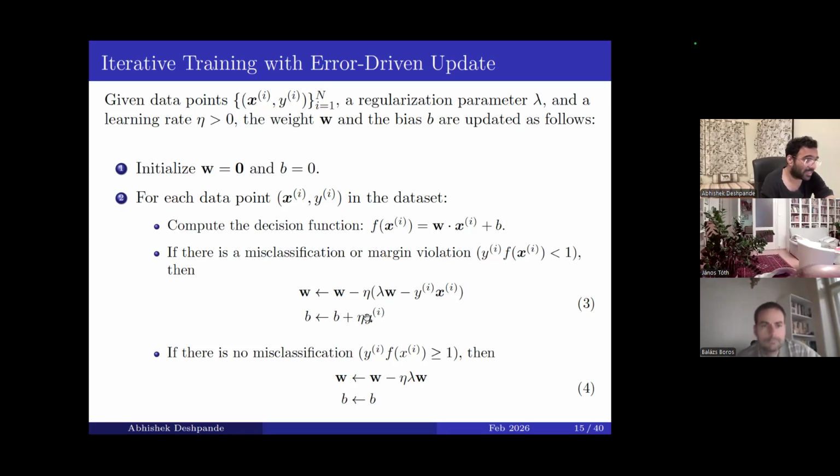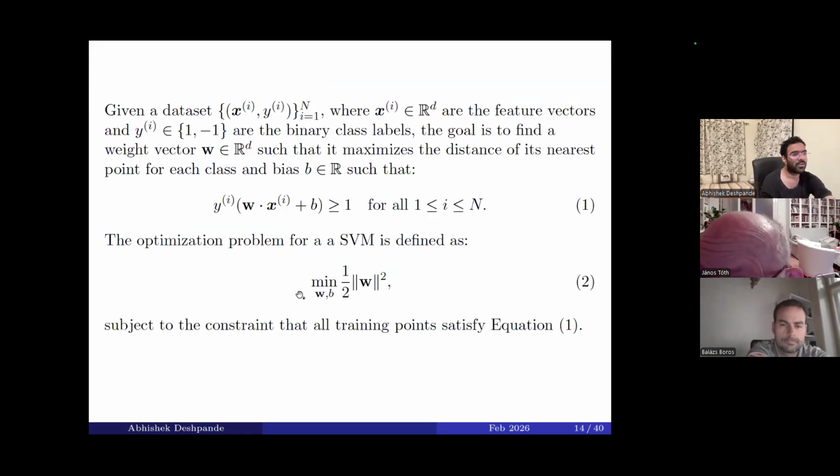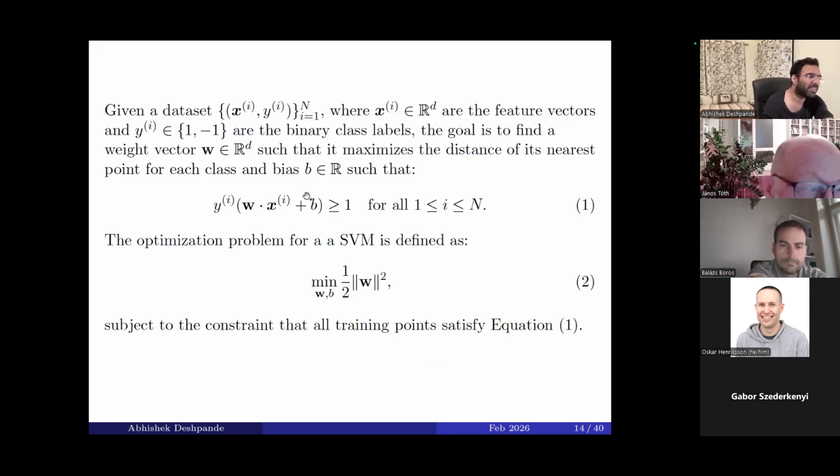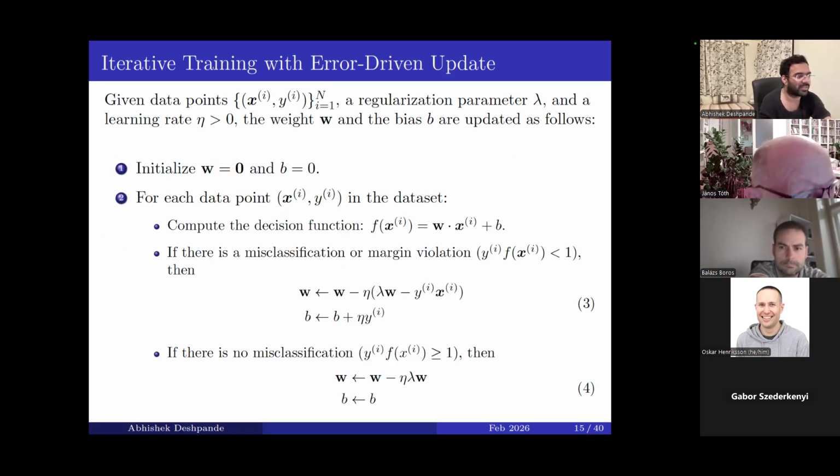So if there is misclassification, you update W and B in the following way. And you can derive these equations by using Lagrange multipliers, right? You basically use this optimization problem with these constraints, form a Lagrange multiplier system, calculate the gradients, and what comes out is this. And if there is no misclassification, then we have to do something special.